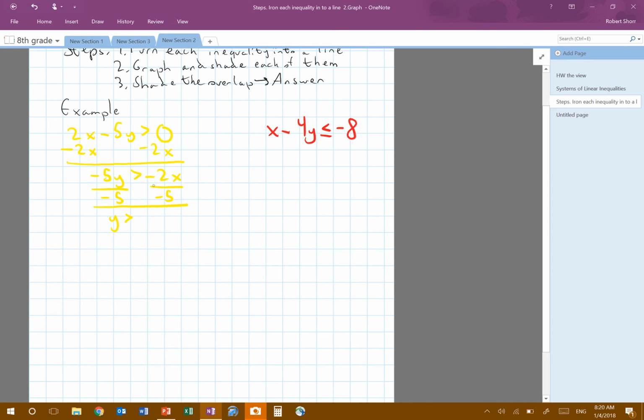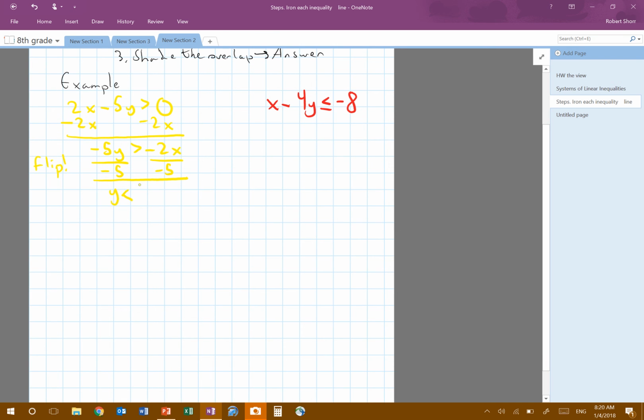Remember, that's a perfectly fine slope. We just got to know that negative divided by negative is a positive. The negatives go away. Since we are dividing by negative, we need to flip the sign of the inequality. Flip the direction. Y is greater than 2/5 x.